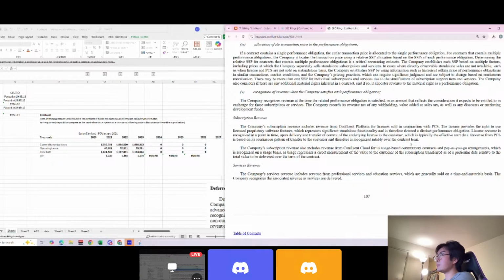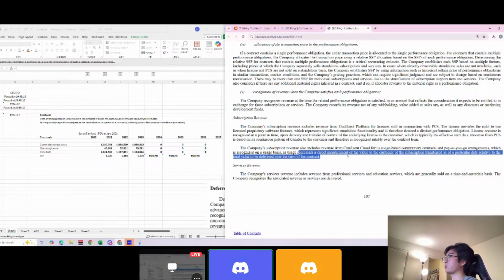Okay. Company subscription revenue also includes revenue from Confluent Cloud for its usage-based commitment contracts and pay-as-you-go arrangements, which is recognized on a usage basis, as usage represents a direct measurement of the value to the customer of the subscription transferred as of a particular date relative to the total value delivered over the term of the contract.